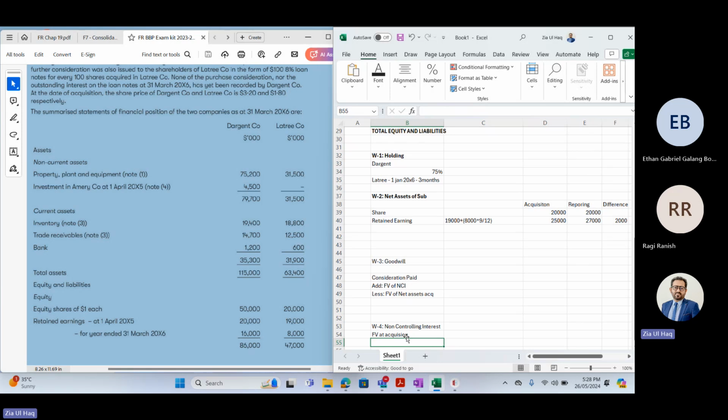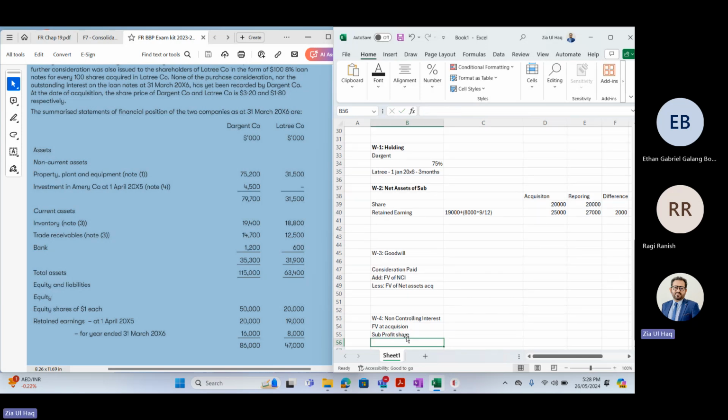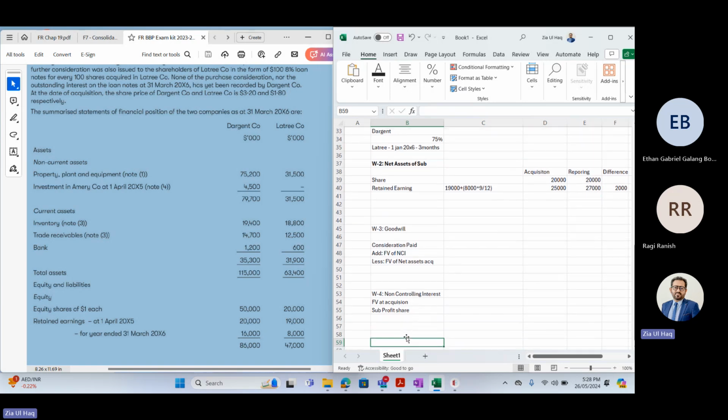We need to add subsidiary profit share. We need to see if there is any impairment. We need to deduct. So leave 3, 4 lines and move towards working 5. That is about consolidated retained earnings.